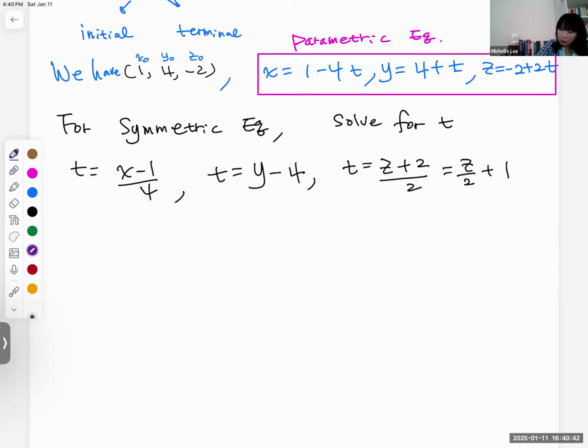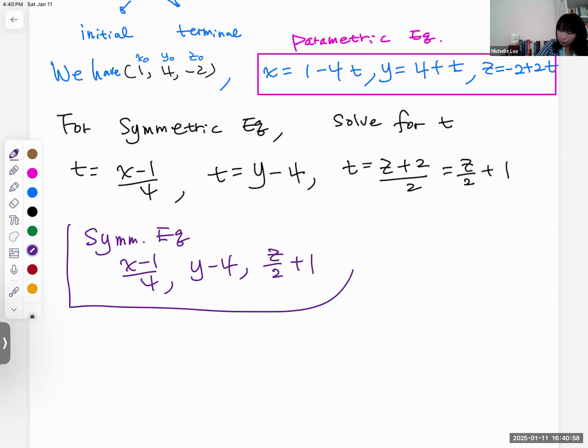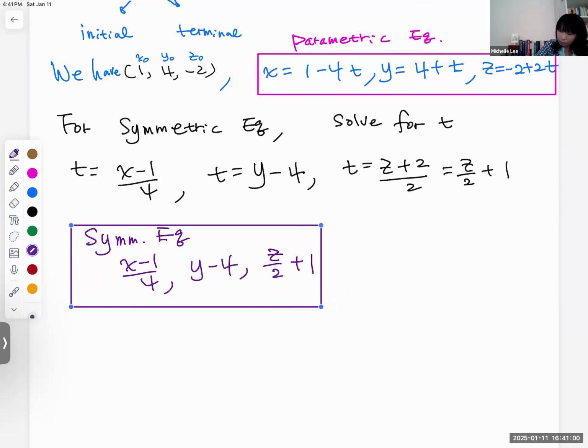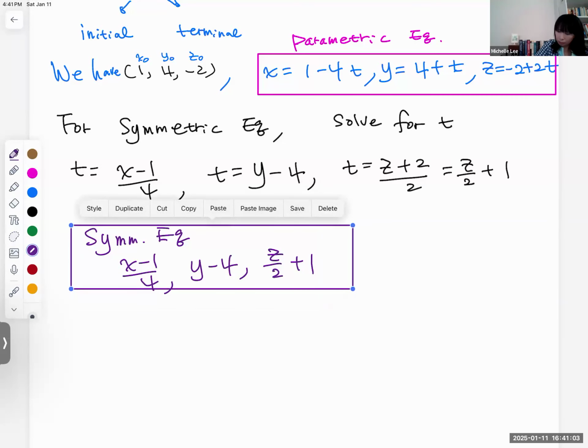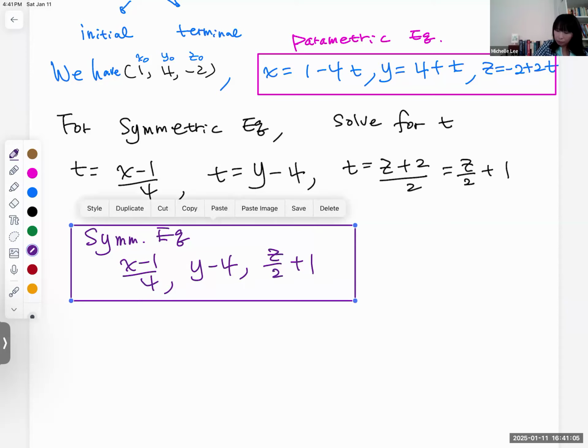We have the symmetric equation, let me denote it this way: (x minus 1)/(-4), y minus 4, and z/2 plus 1. Is it good?